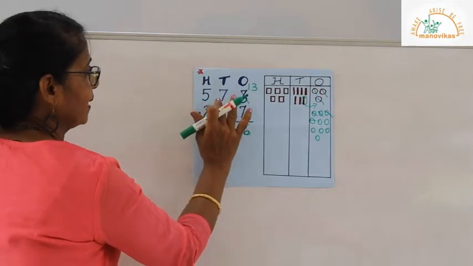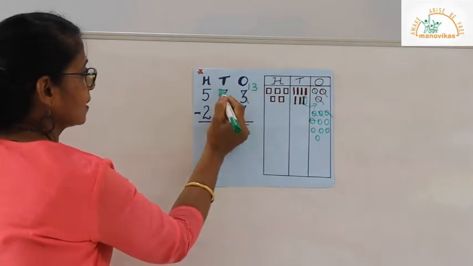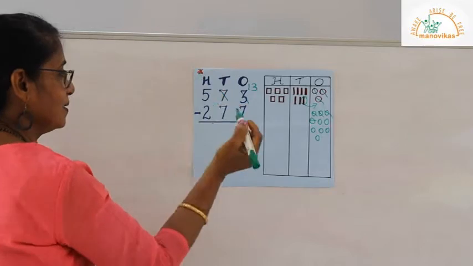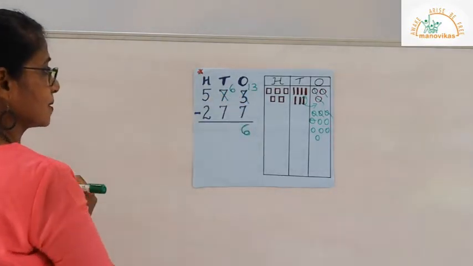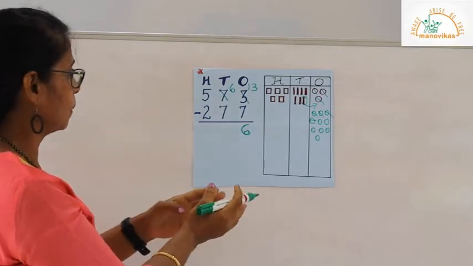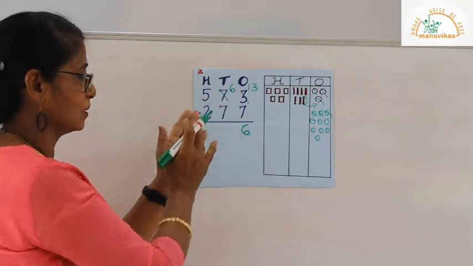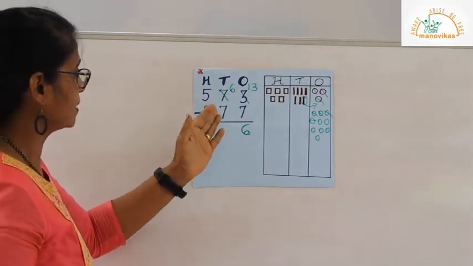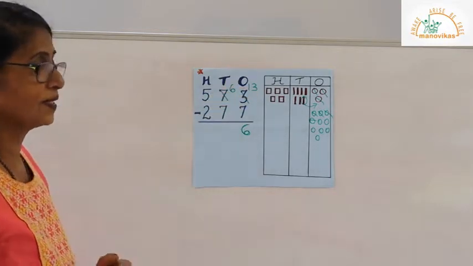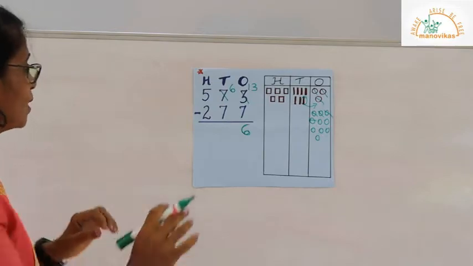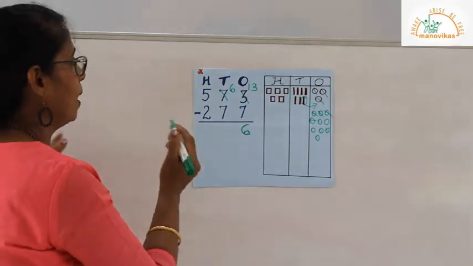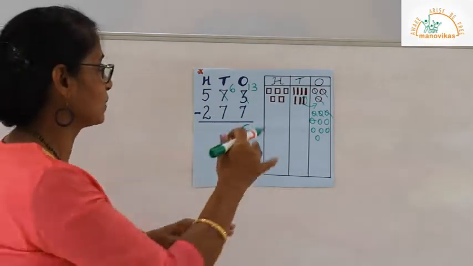Now, we have taken it from the tens place, so with 1 digit less, this number becomes 6. Again we need to borrow because we cannot take 7 from 6, as 6 is a smaller number than 7. So we will go and borrow from the hundreds place.